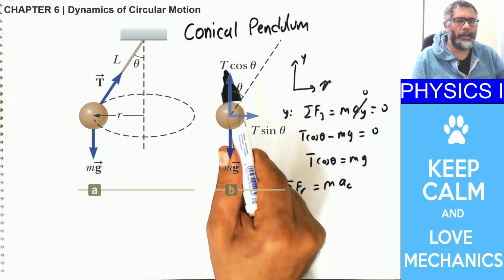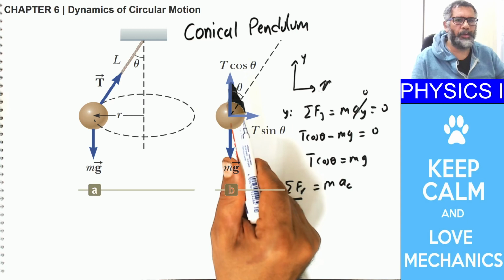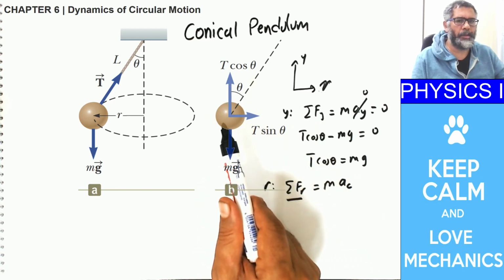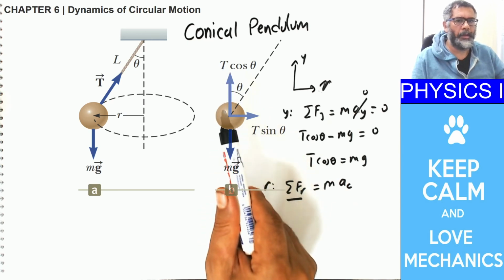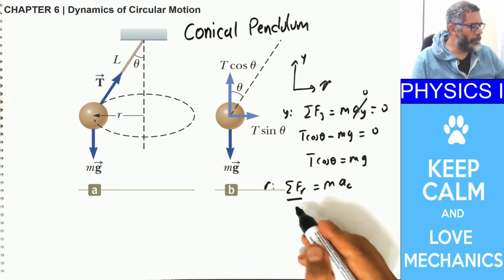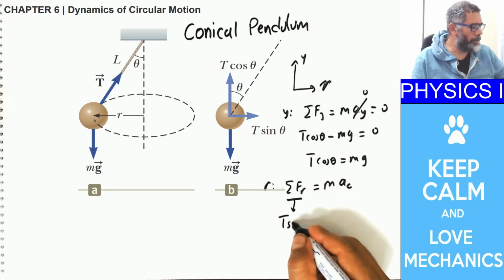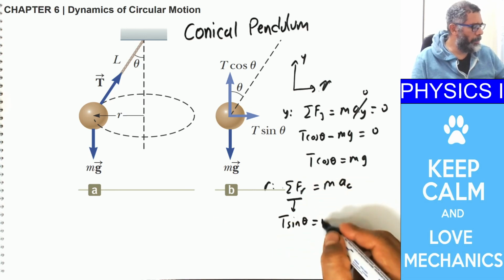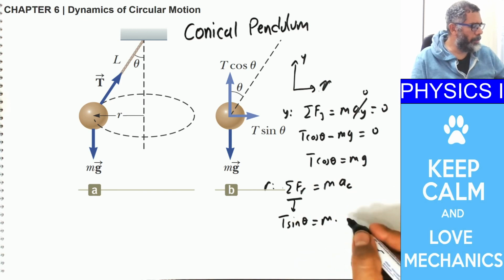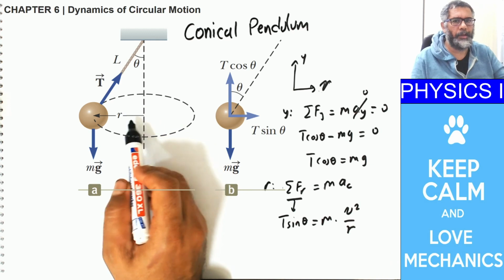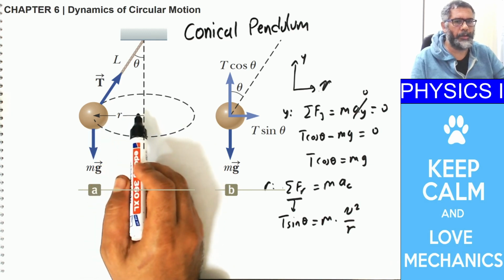And T cosine theta has nothing to do with the circular motion, because it's always perpendicular to the plane of the motion. So instead of this part over here, we only write down T sine theta, and m times, instead of the acceleration, the constant speed squared divided by the radius of the circle, which is nothing but this distance from here to here. It is the radius of the circle.